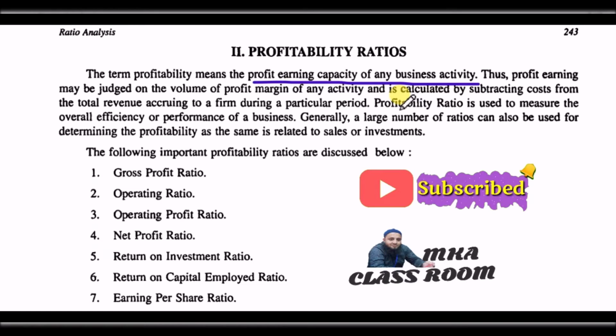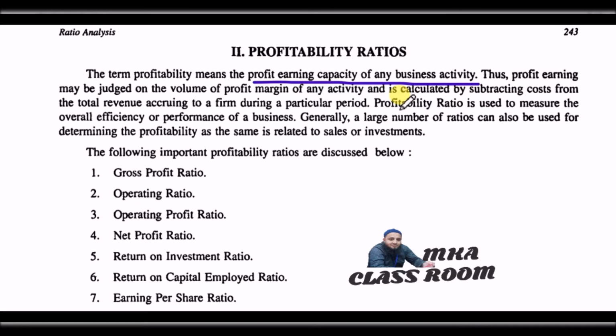Thus profit earning may be judged on the volume of profit margin of any activity and is calculated by subtracting cost from the total revenue accruing to a firm during a particular period.